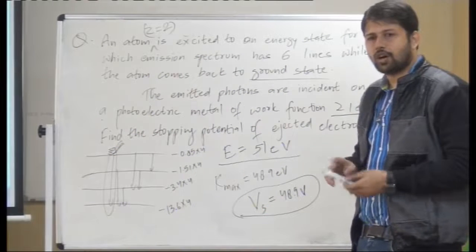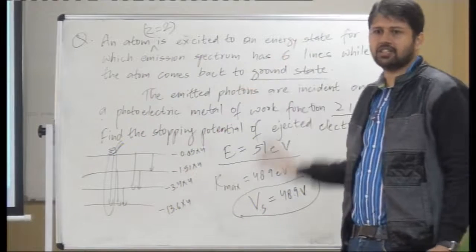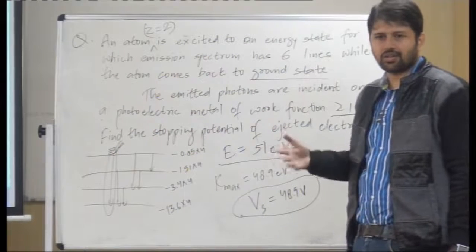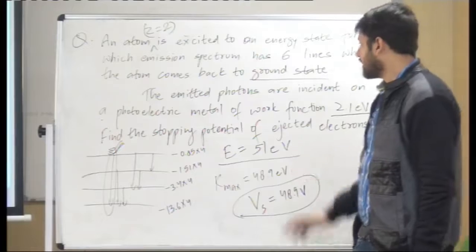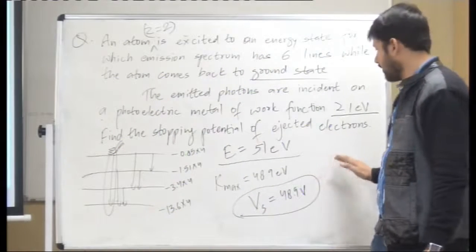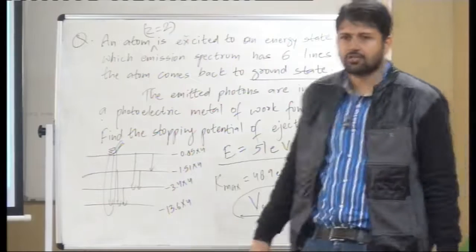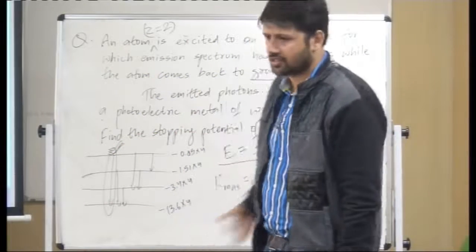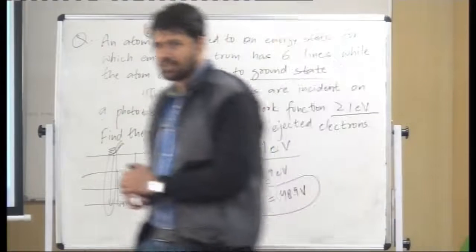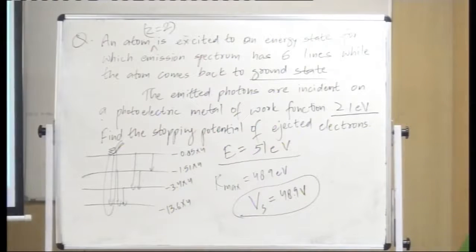So if I stop that highest kinetic energy electron, I would be able to stop all others, slower electrons as well. So I try to stop the highest kinetic energy electron, and that's why the stopping potential for highest kinetic energy electron is this, right? So I hope I can erase this. है ना? Two concepts really mixed well.